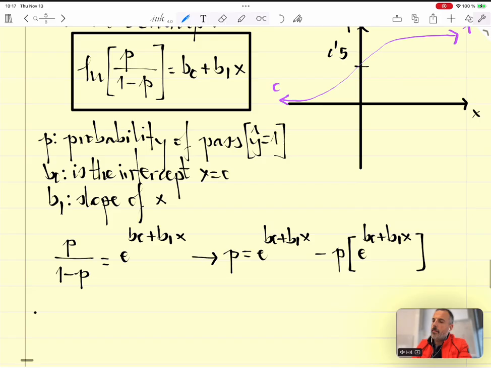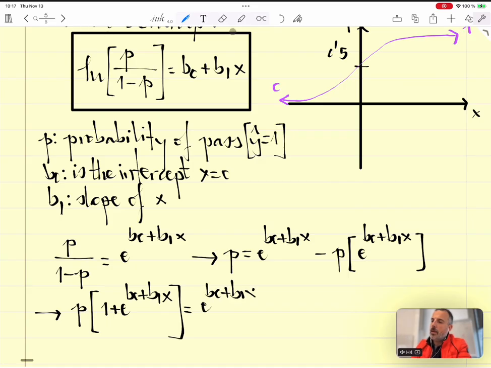Okay? So this means that p multiplies 1 plus e to the b0 plus b1x equals e to the b0 plus b1x.